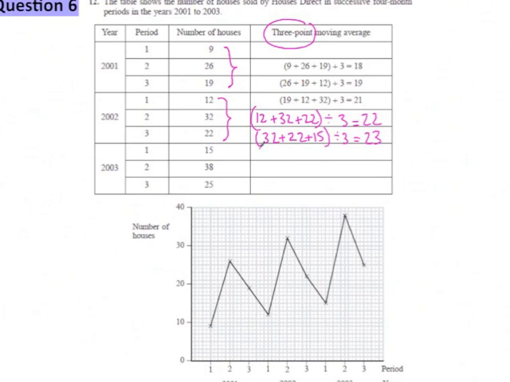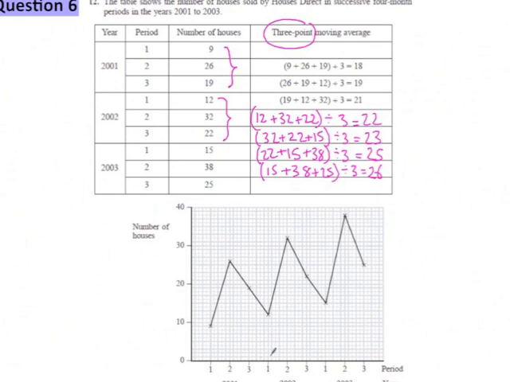This now continues. There's 2 more moving averages to calculate. And lastly here, 26. We're then asked to plot these moving averages on the graph below.